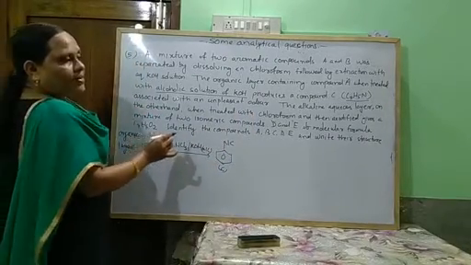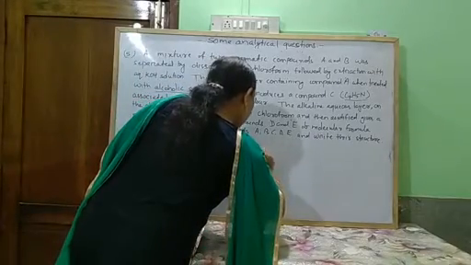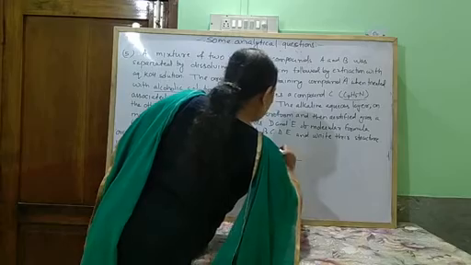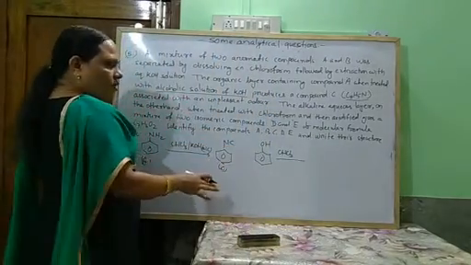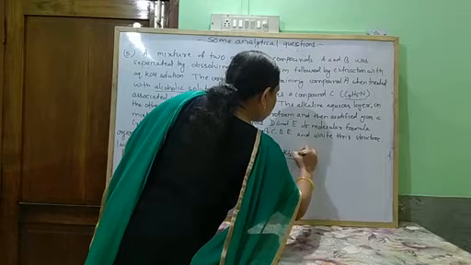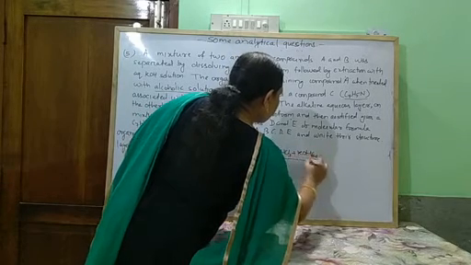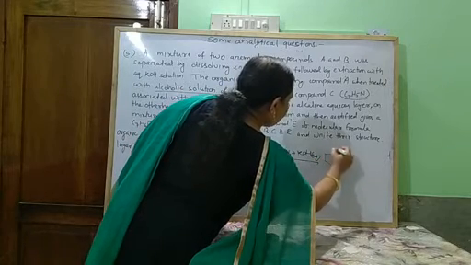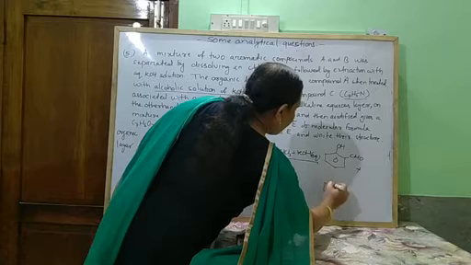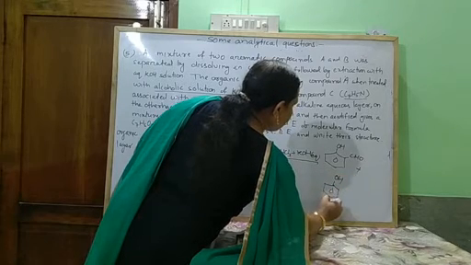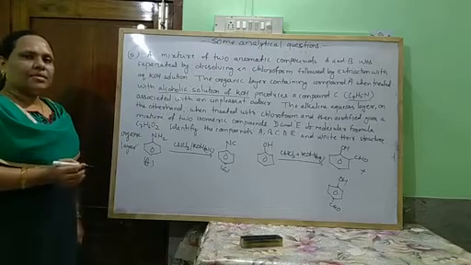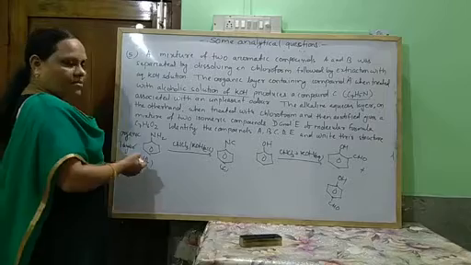So phenol when treated with chloroform and aqueous potassium hydroxide forms a mixture of ortho-hydroxybenzaldehyde and para-hydroxybenzaldehyde. So you have to write these arguments, then you have to write these equations.